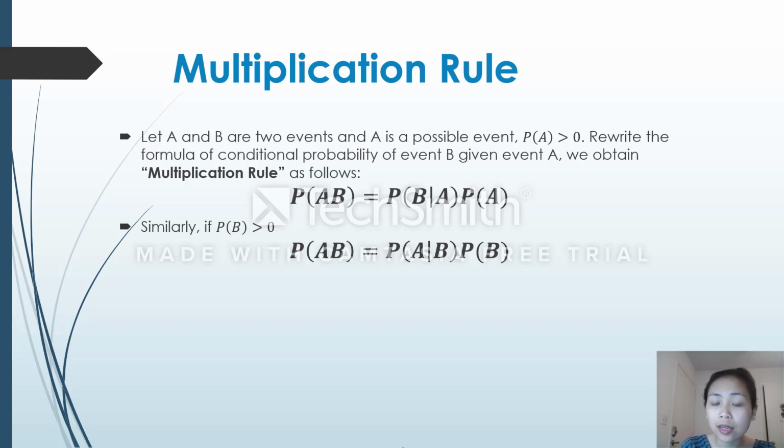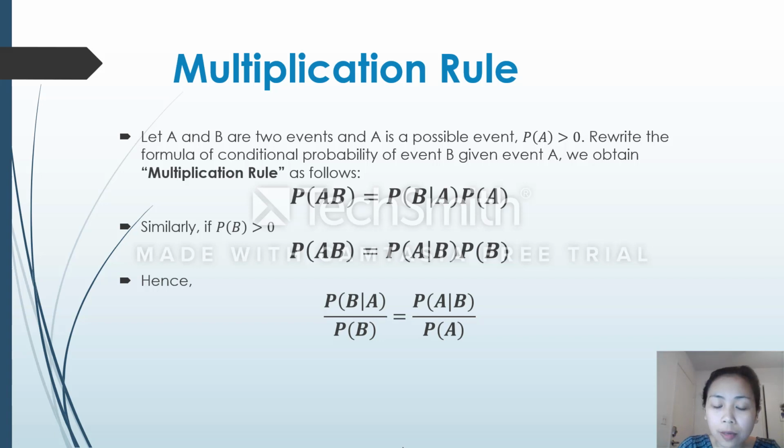So probability of B given A times probability of A is equal to probability of A given B times probability of B. Now if we divide both sides by probability of A times probability of B, we have one more relation, that is the ratio probability of B given A over probability of B is the same as probability of A given B over probability of A. So this is one more relation.